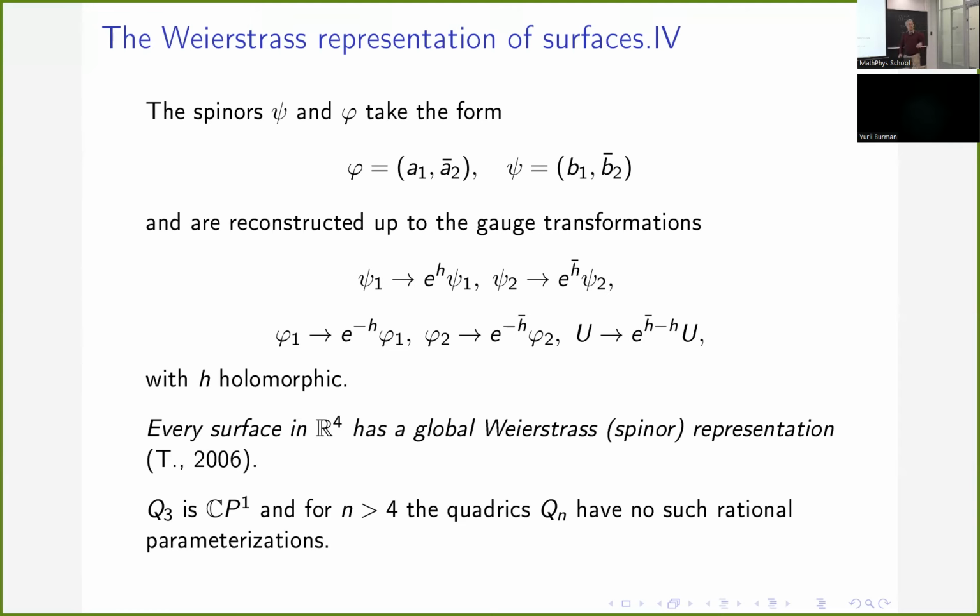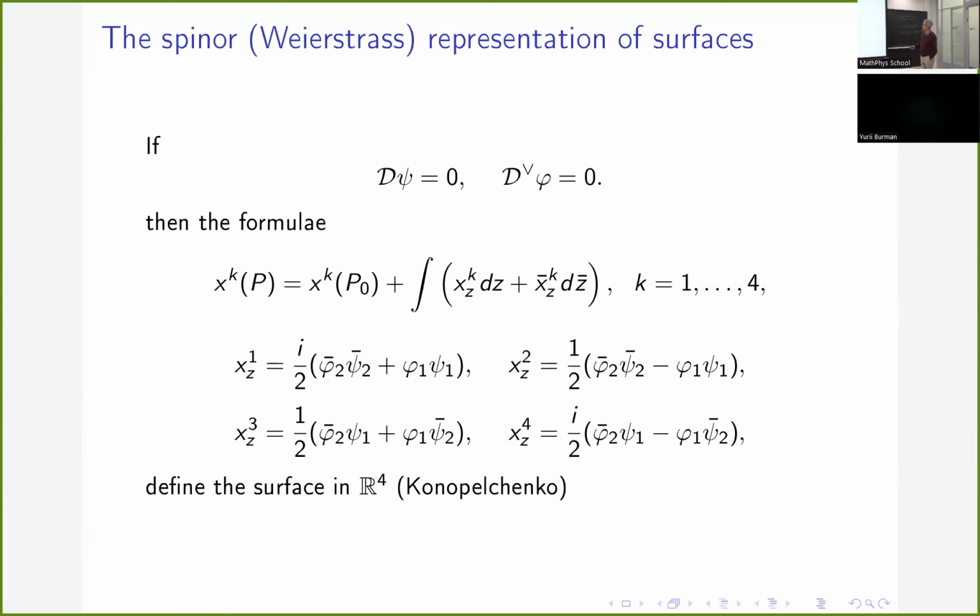They define the Gauss map of the surface at this point, the image of the Gauss map. They define the tangent plane. So if you know the Gauss map, dx over dz is exactly this one. If you substitute them here and you integrate this, you will get a surface.